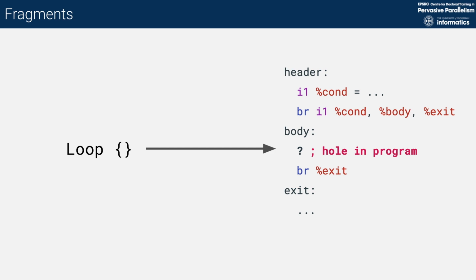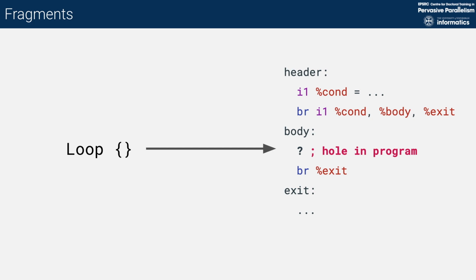Because the loop fragment doesn't know what will be composed inside it, the only way it can express that meaningful computation should occur in the loop body is to leave a symbolic hole. In this case, the loop specifies a single symbolic hole, which says, in the later phases of synthesis, instantiate a single instruction here as loop behavior.